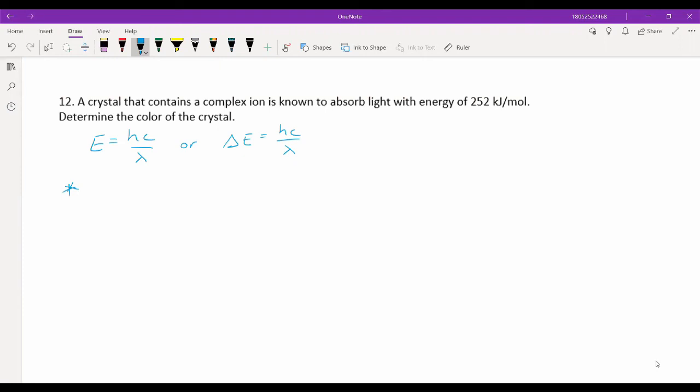Because if you use this 252 kilojoules, that's for 1 mole, you'll get a ridiculously small wavelength that won't make any sense in terms of trying to predict the color. So we want to find the energy of 1 photon absorbed.